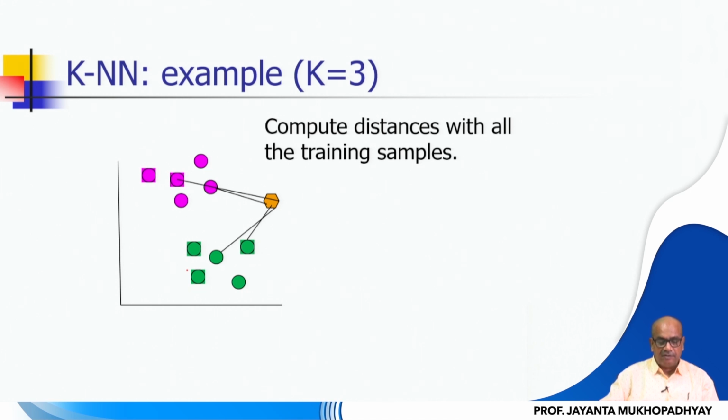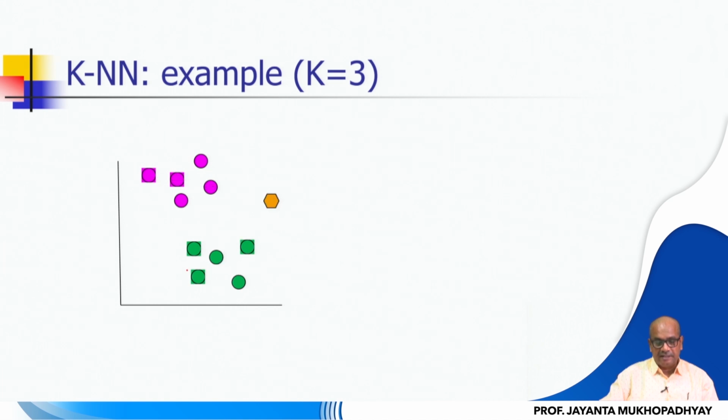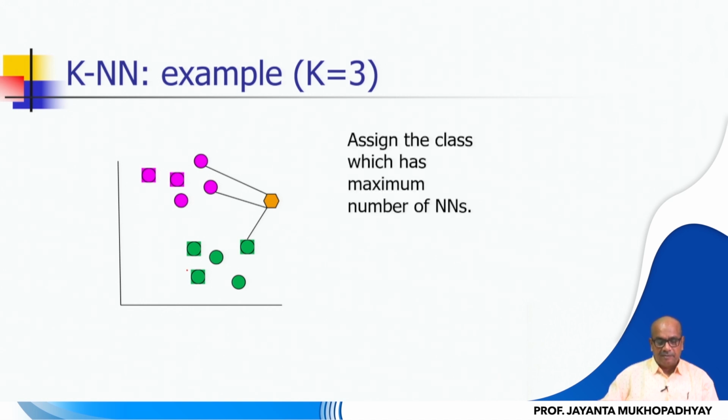So, you find out the distances from each sample, and then choose the nearest 3. Say, for example, you may choose these 3 nearest, and you see that 2 of them are pink. So, you assign the object to the pink class.